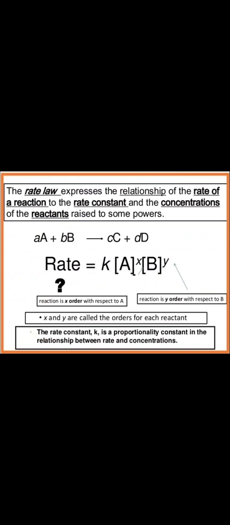So I define the rate law. Listen properly and write down properly while you are writing the notes. The definition of rate law: it is defined as an experimentally determined equation that expresses the rate of a chemical reaction in terms of molar concentration of reactants.